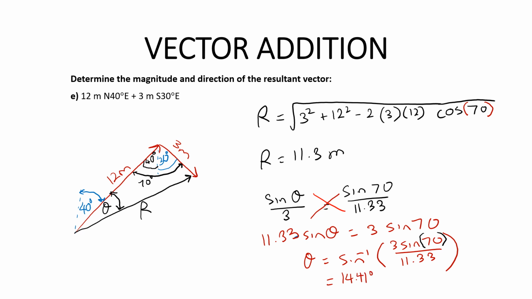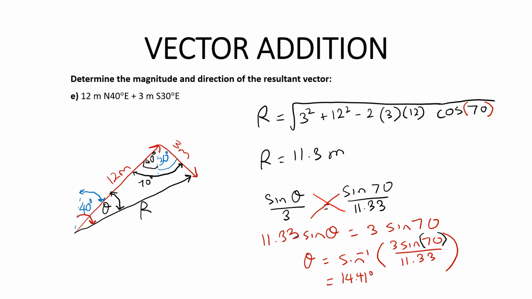But this angle, as we can see, does not start from a major point. It does not start from north, and it does not start from east. We need to find the value of the angle from either north to the resultant or from east to the resultant. So in this case, we can find the angle from north all the way to the resultant.